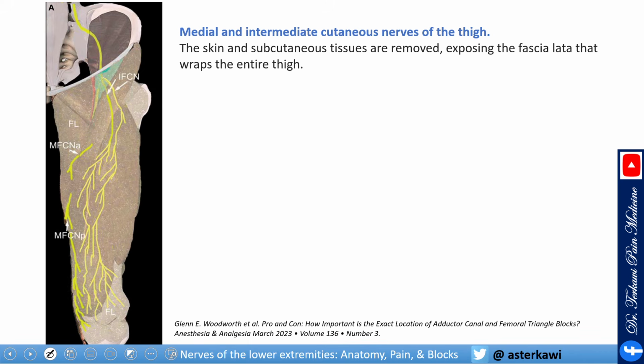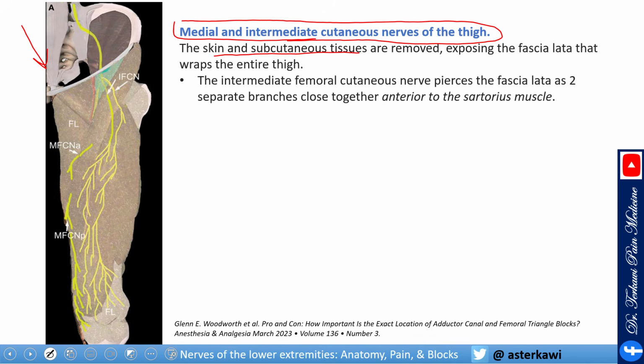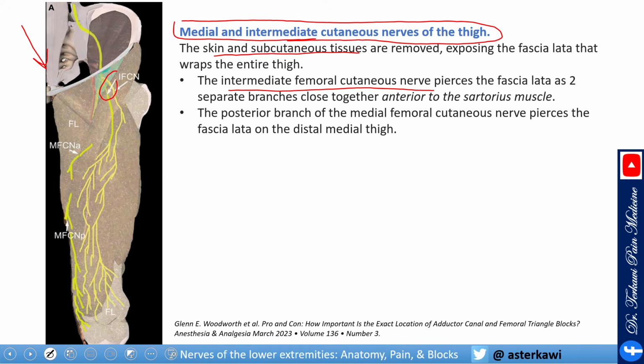So what about the medial and intermediate cutaneous nerves of the thigh? So in this picture here, they removed the skin and subcutaneous tissue. So what you see here is the fascia lata wrapping around the entire thigh. The intermediate femoral cutaneous nerve appears through the fascia lata as two separate branches close together, as you see here, two separate branches close together anterior to the sartorius muscle.